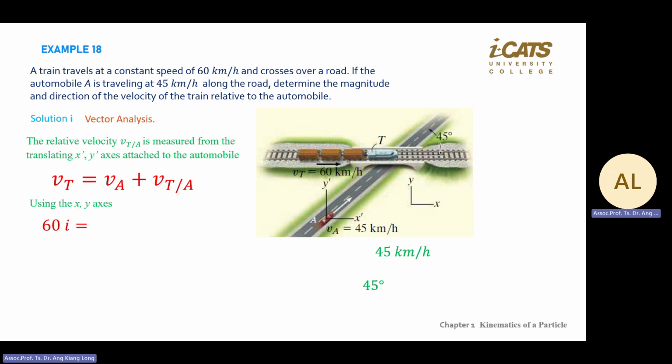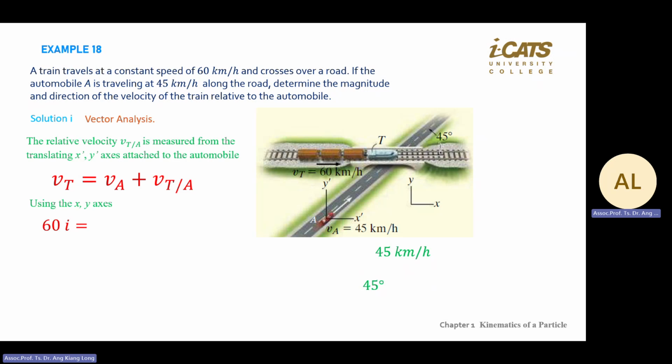VA, and the angle is 45, because 45 is given here. So you split into x and y axis. So go to Vx and go up is VAx and VAy. So VAx equal to cos or sine?